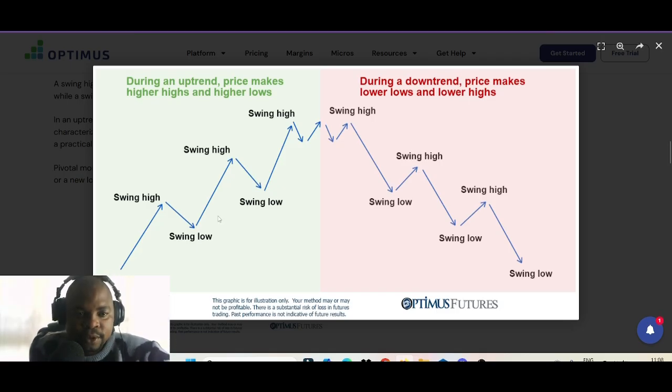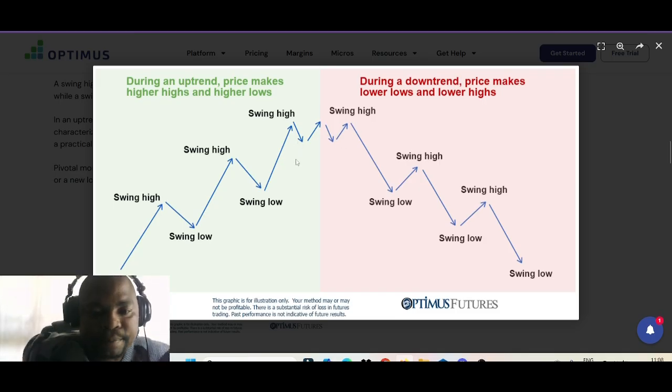Just check. We're having the low swing, the higher swing, the low swing, the higher swing. The moment we have two equal highs, look at what happened previously before we could even have those two equal highs.